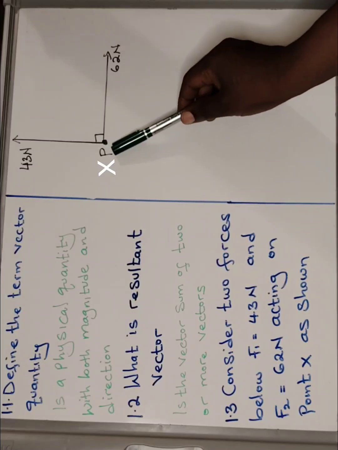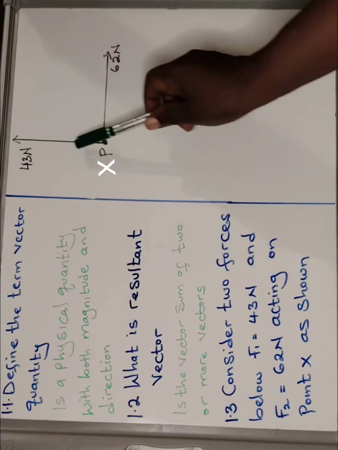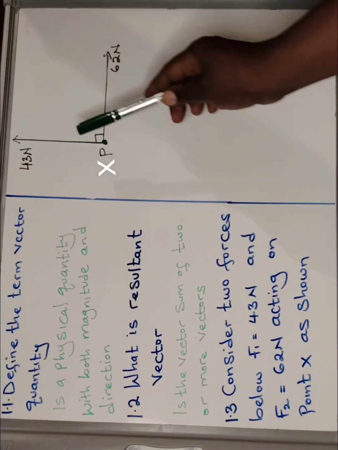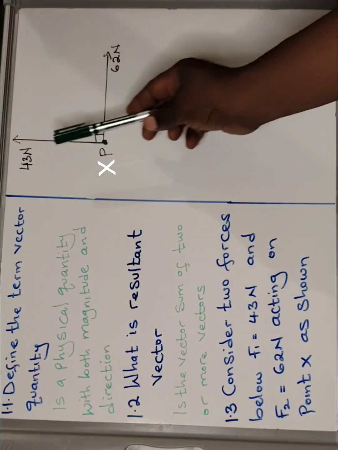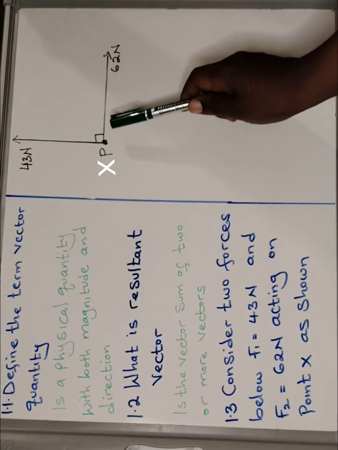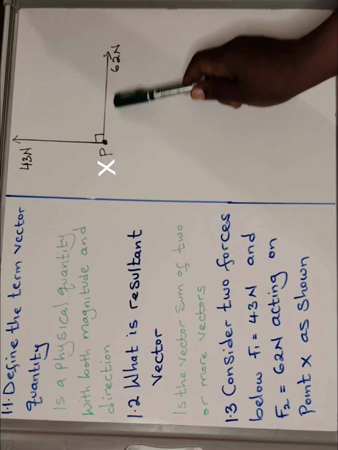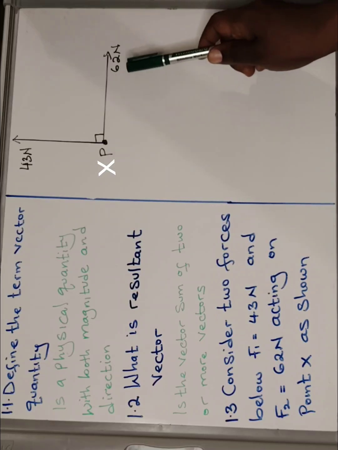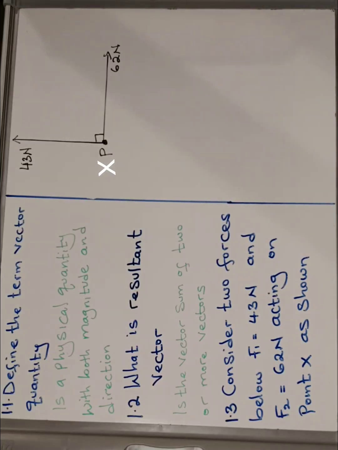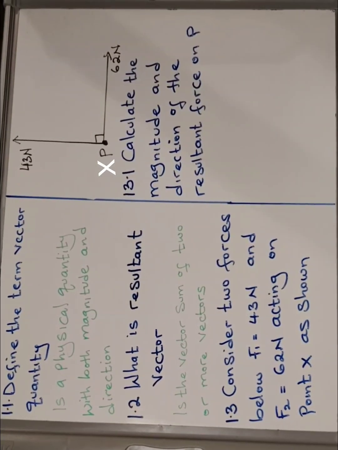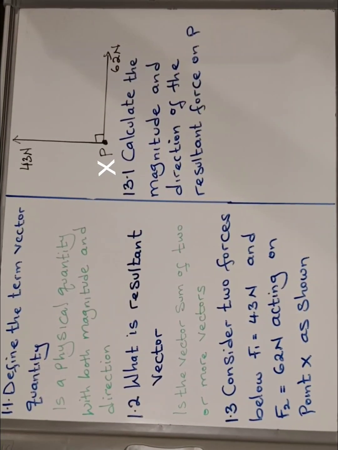This is the point X, and you're having one force acting vertically upwards, which is 43 newtons, and another force acting horizontally, which is 62 newtons. Then comes the question: calculate the magnitude and direction of the resultant force on P.